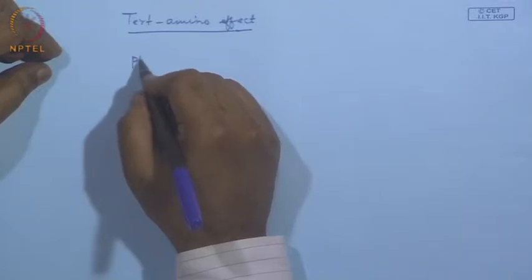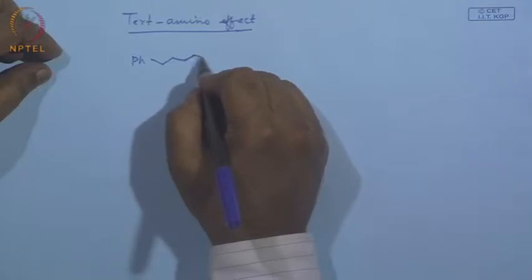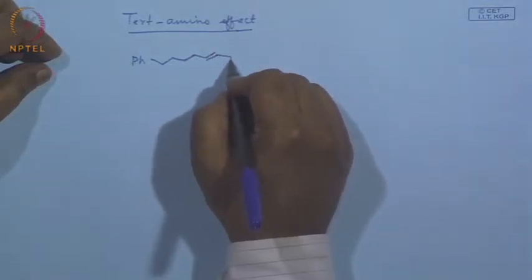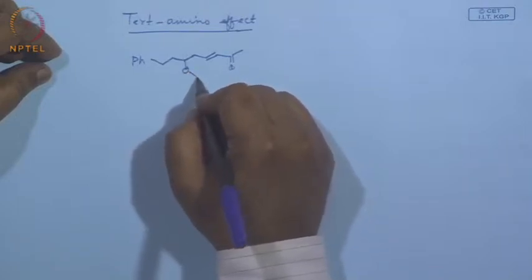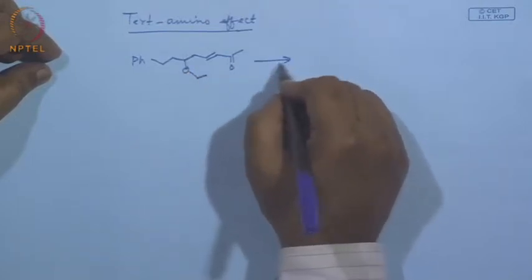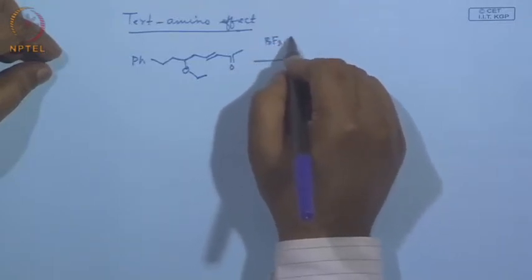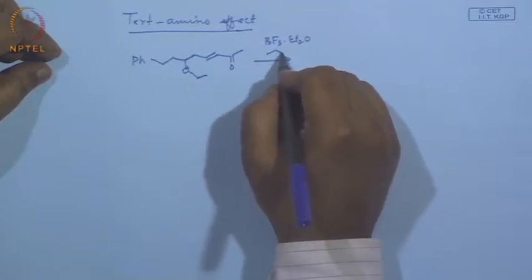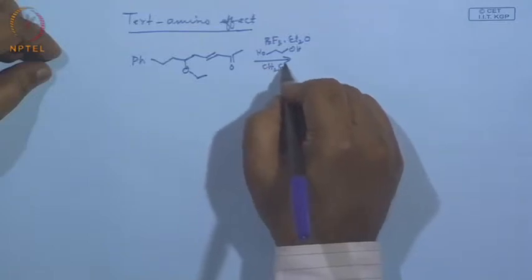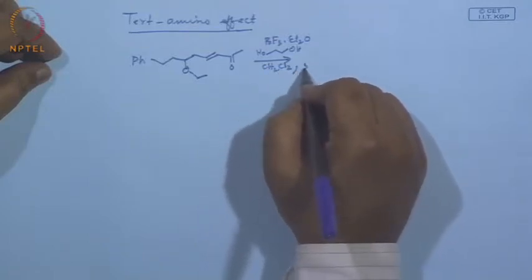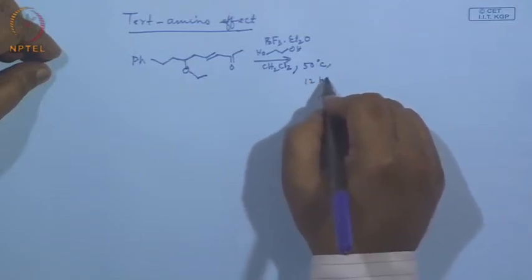For example, towards the end of the class, we will have something like this. Let us say you have an acyclic compound and react this with BF3 ether and ethylene glycol, and the solvent is methylene chloride, and the temperature is around 50 degrees centigrade for certain hours, in this case 12 hours.